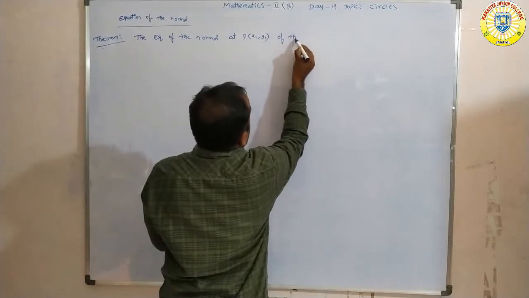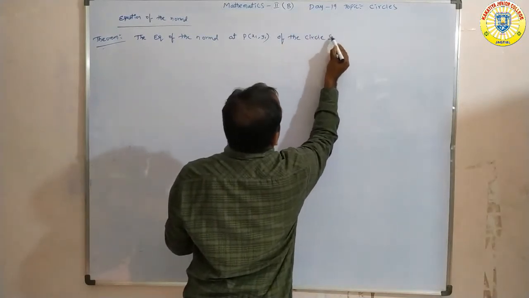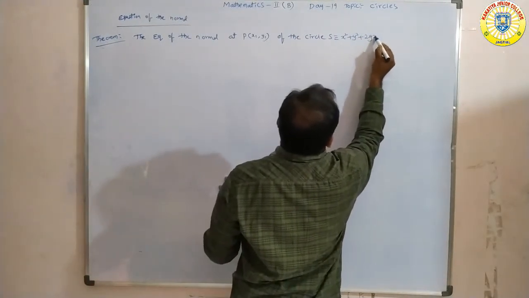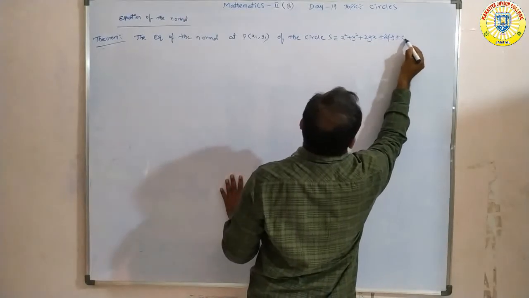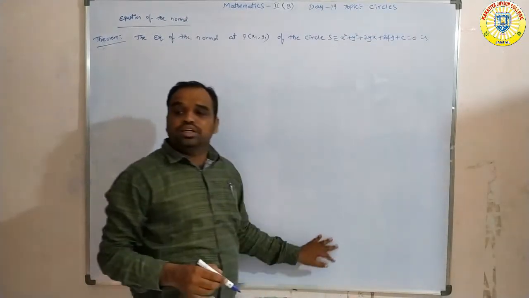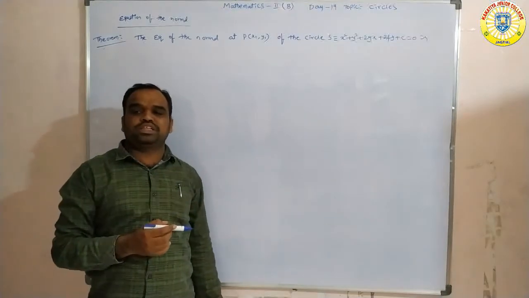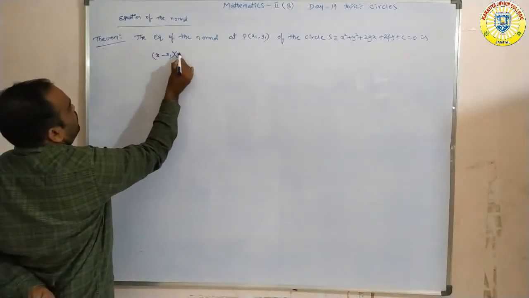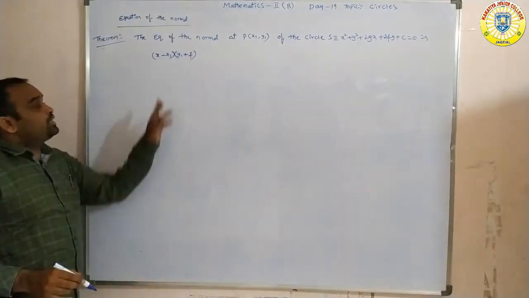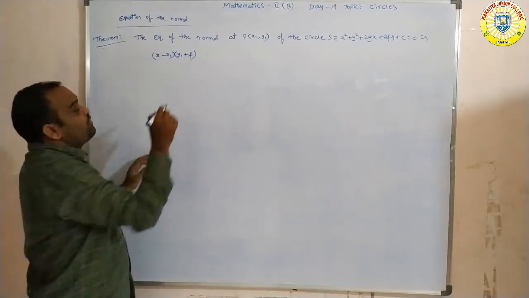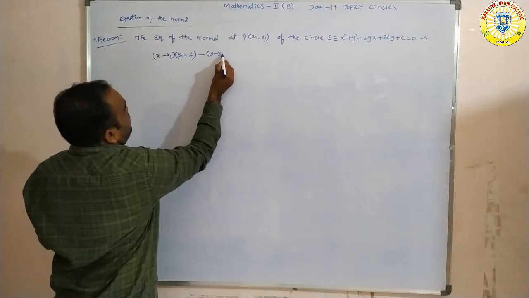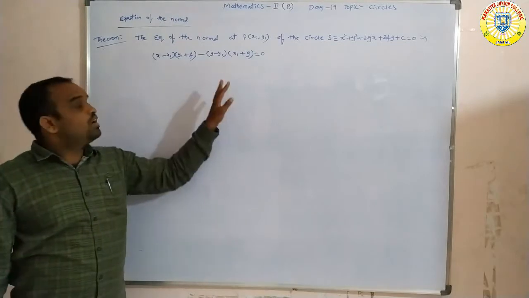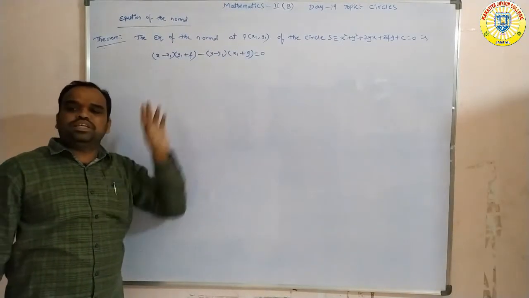S is equal to x square plus y square plus 2gx plus 2fy plus c is equal to 0 is (x minus x1) into (y1 plus f) minus (y minus y1) into (x1 plus g) is equal to 0.